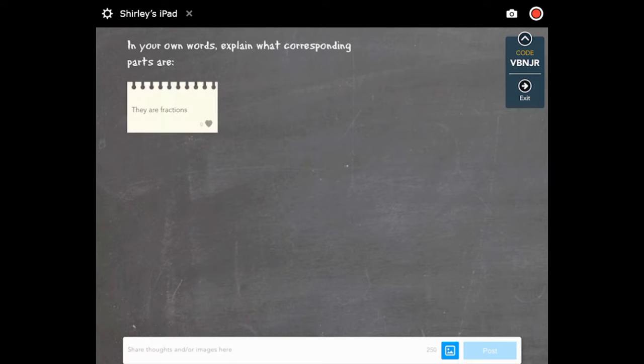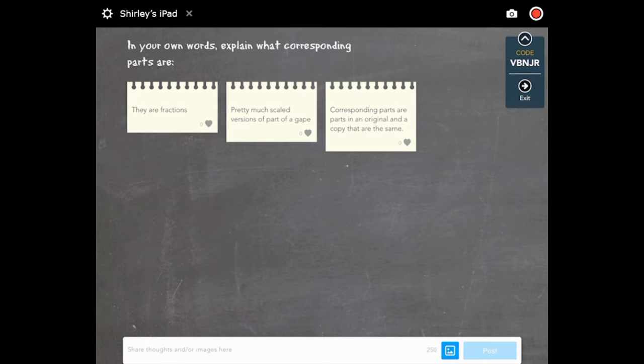Perfect. I do agree that we use corresponding parts to make these fractions. So whenever we have those fractions, we're simplifying them or dividing them out to see if we get the same number.